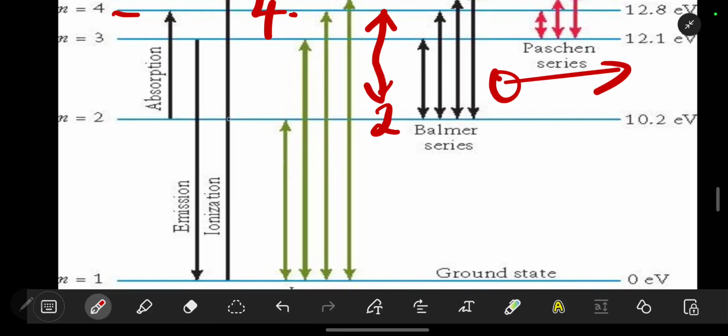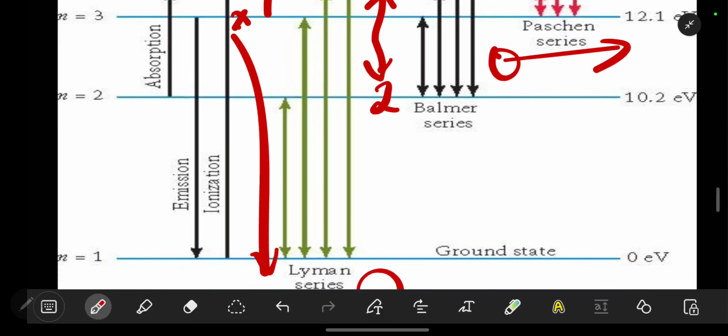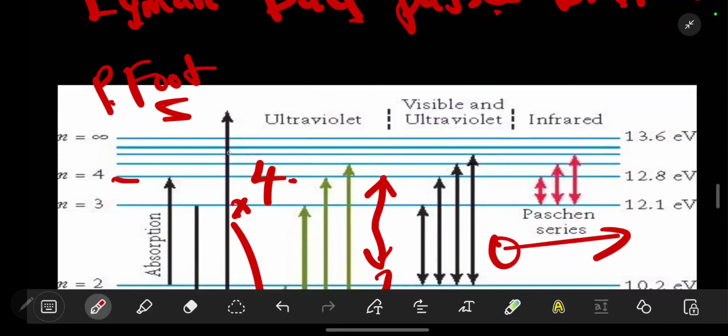So if, let's say, it moves from energy level number 3 to number 1, because number 1 has a very high distance, that means to say it will produce a very high amount of energy, as compared to, it could even be at energy level, let's say this is number 4, 5, 6, 7, 8.